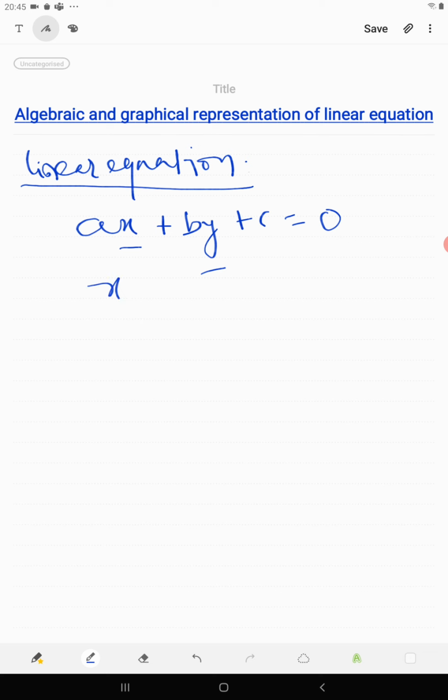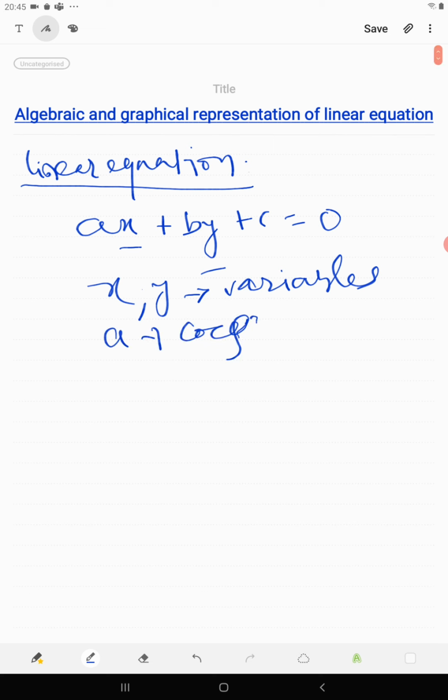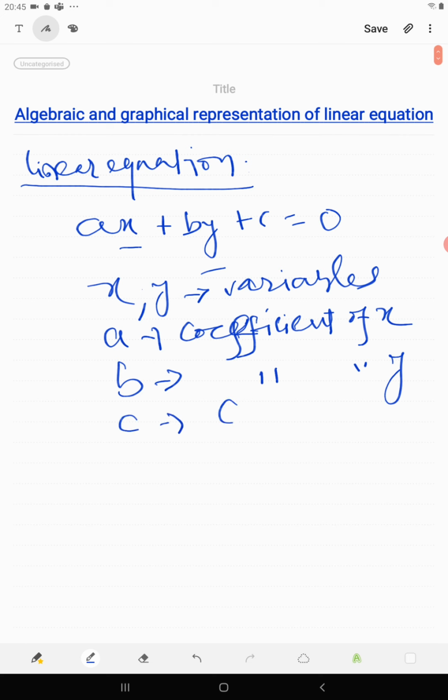So x comma y are variables, so they can have different values based on given circumstances. A is the coefficient of x. B is again a coefficient of y, and c is a constant.